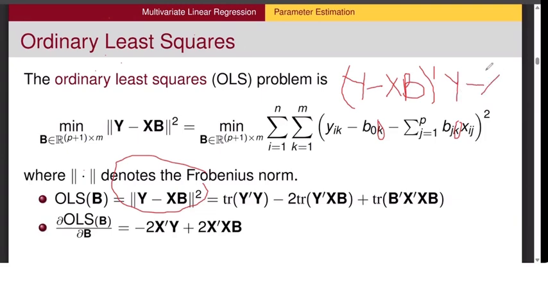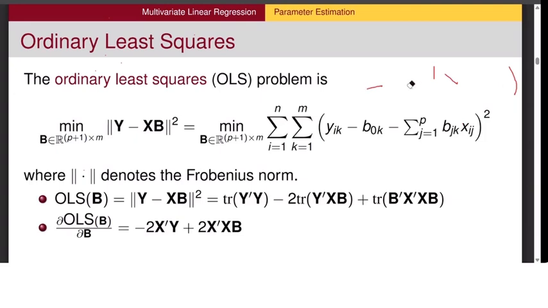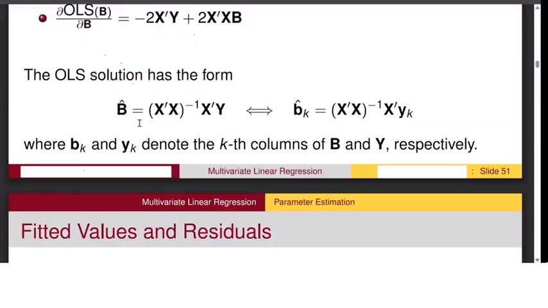When you expand that, you're going to have this. Then you differentiate with respect to b, and this is what you're going to have. This is what you call the normal equation. Then you set all of that to 0 and solve for b. When you do that, finally, you're going to have this. So this is the OLS solution. And of course, for a particular response variable it is this. This is for a particular response variable, and this is for all of them.